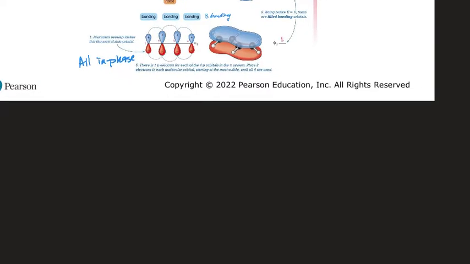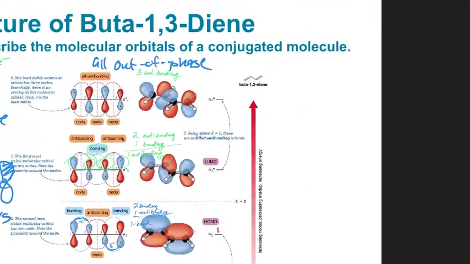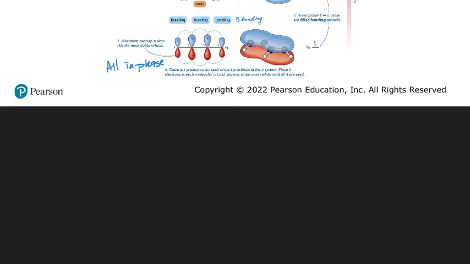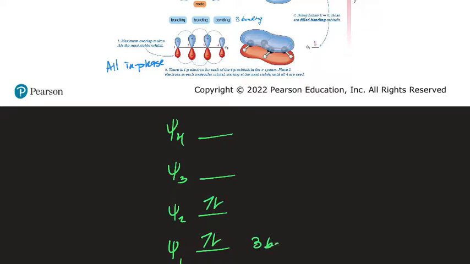You'll see there's psi 1, psi 2, psi 3, psi 4. If there's only 4 electrons, they're going to go in psi 1 and psi 2. And this had the 3 bonding. This has 1 bonding overall. So for a total of 4 bonding.